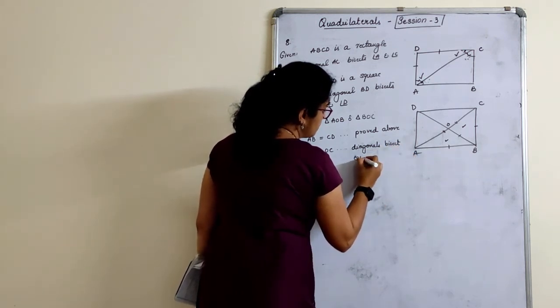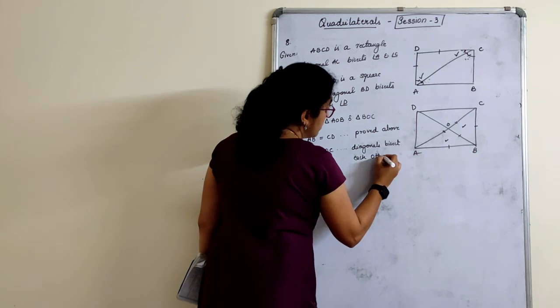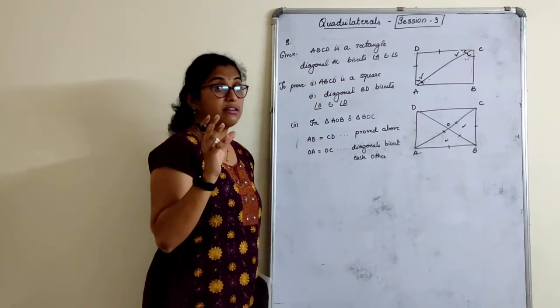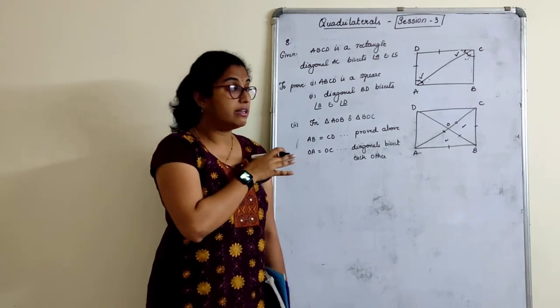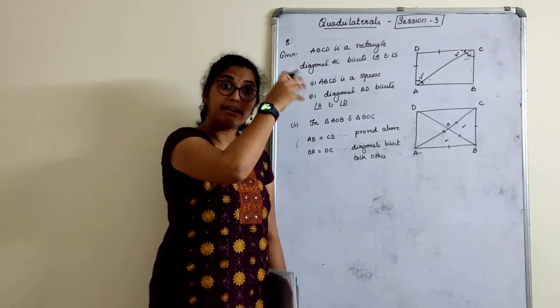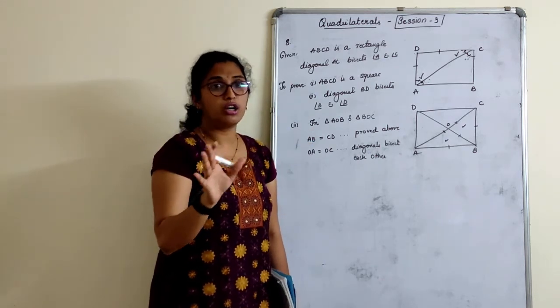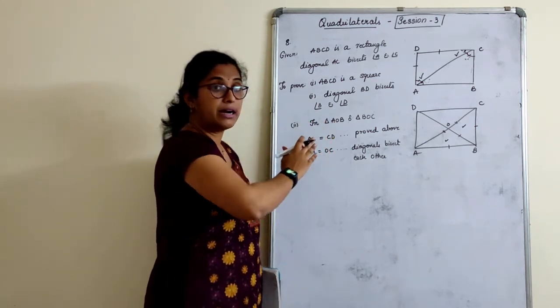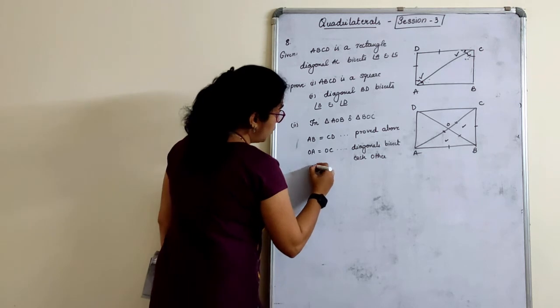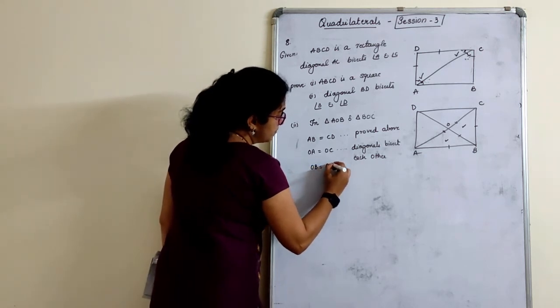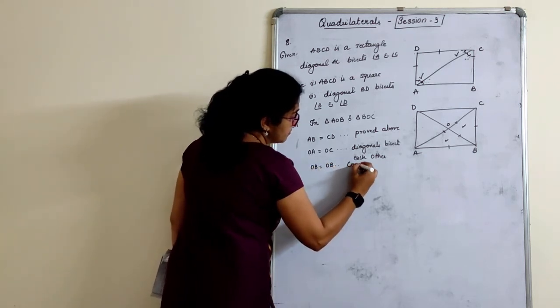Yes, but here we are not checking the diagonals bisecting perpendicularly. Though in a square the diagonals bisect at 90 degrees, that we are not checking here. So that is left apart. We only look at the sides. Then OB is equal to OB, common side.